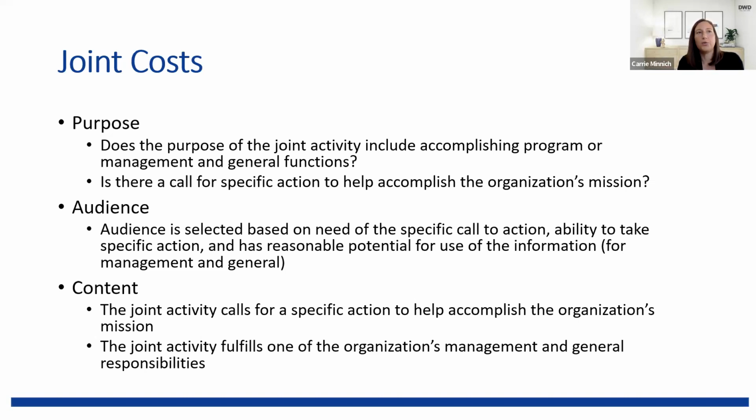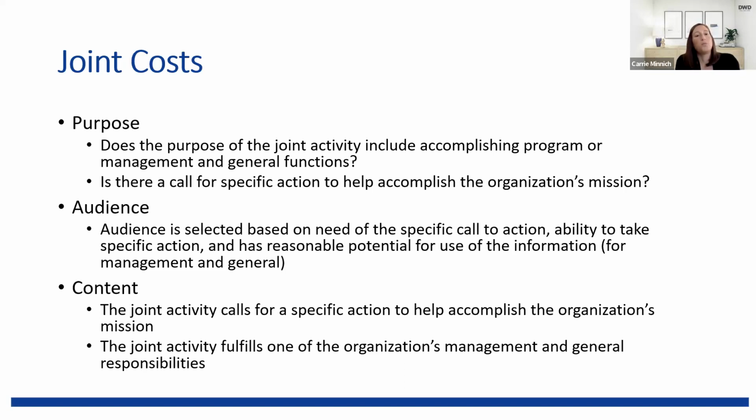So again, when you have those types of events that include both fundraising and program, you really need to be careful on how you allocate those. Again, the default would be allocating those to fundraising expenses. However, you may be able to allocate a portion of those to programming if you have these certain criteria met.